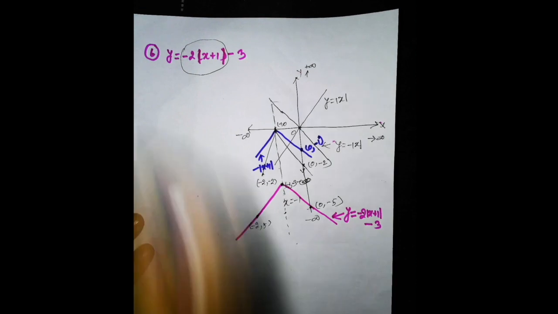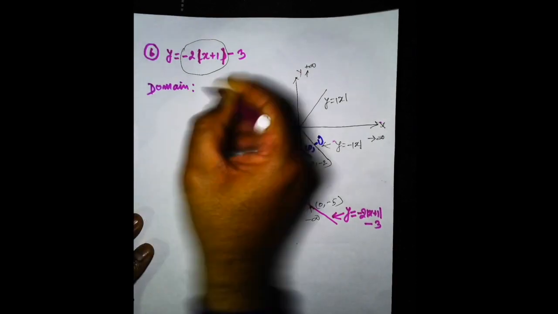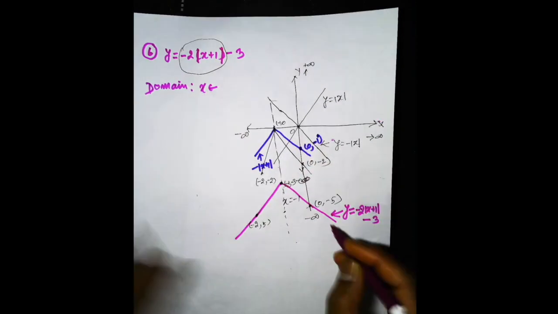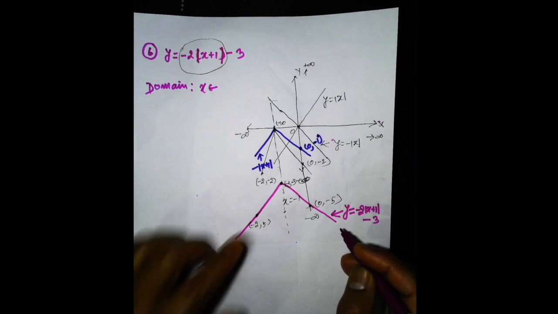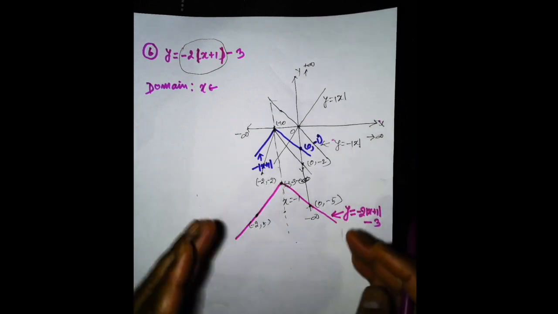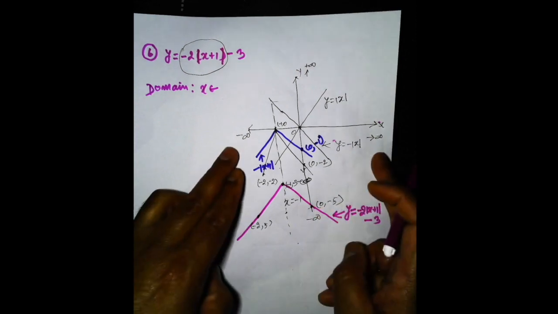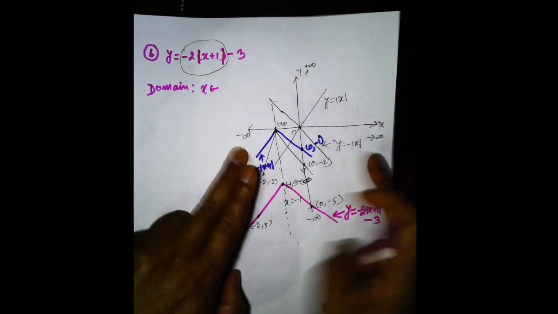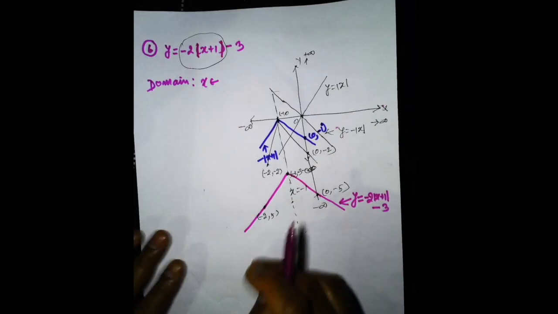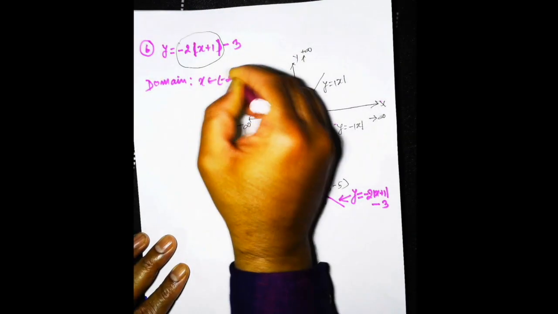Here you can say the domain of this function is going to be x. As the value of y goes on decreasing, from both sides the x values will tend to infinity. So the domain of the given function is going to be -infinity to +infinity.